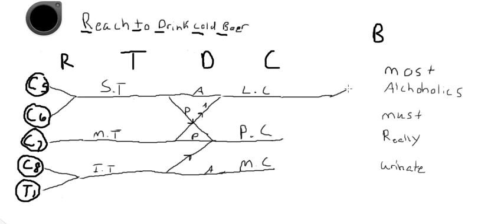So going here, we have most alcoholics, the musculocutaneous. The posterior chord is going to branch twice. It's going to go to the alcoholics, which is our axillary. It is also going to go down to our really, which is radial.